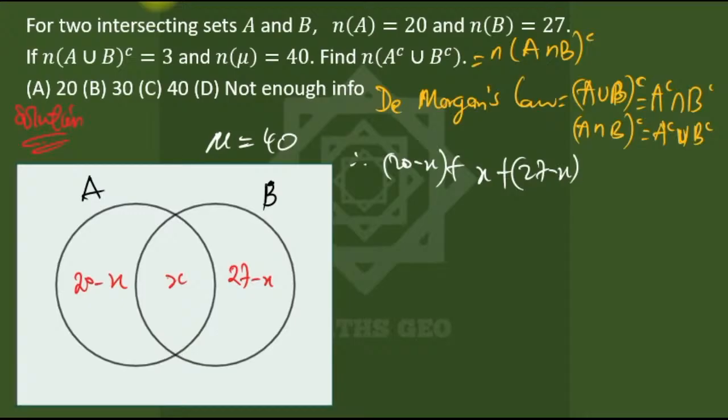Do you see (A union B) prime? Union is everything here, but prime means not here, meaning 3 is outside. So this 3 is outside.